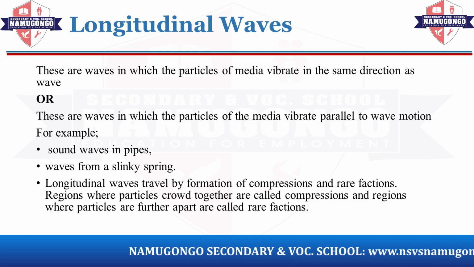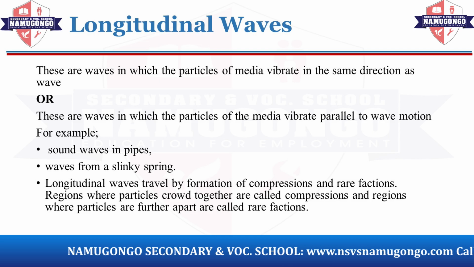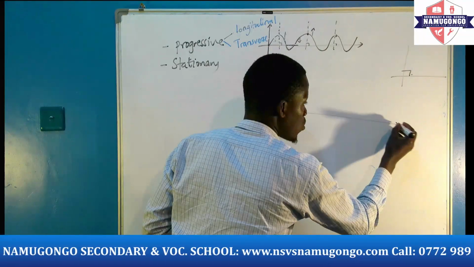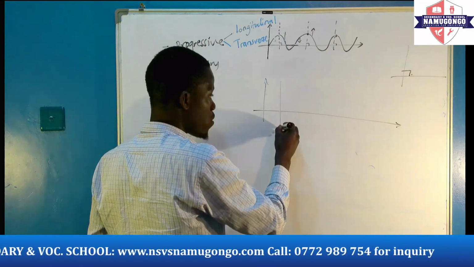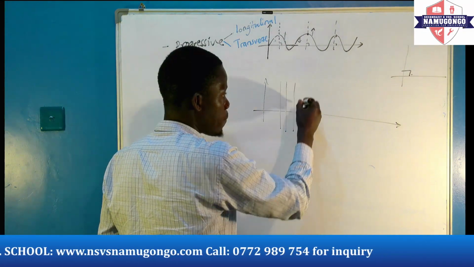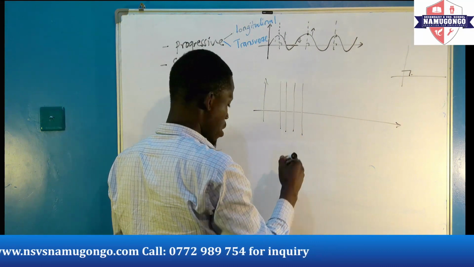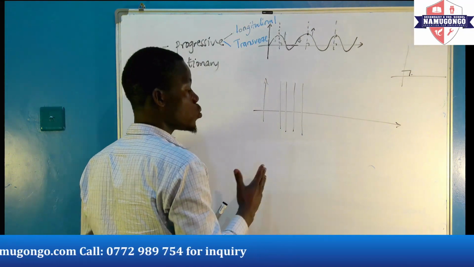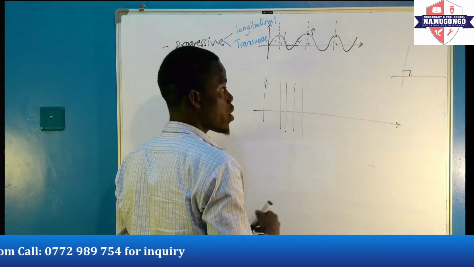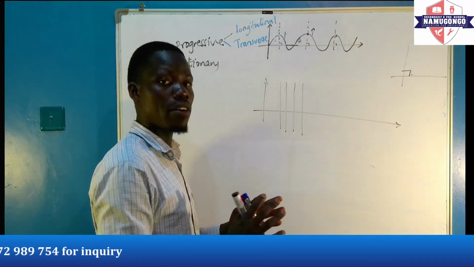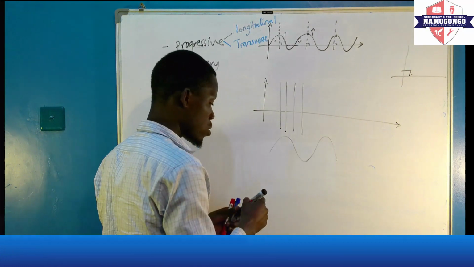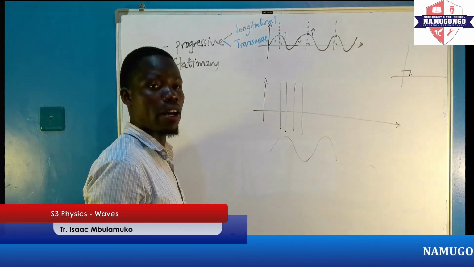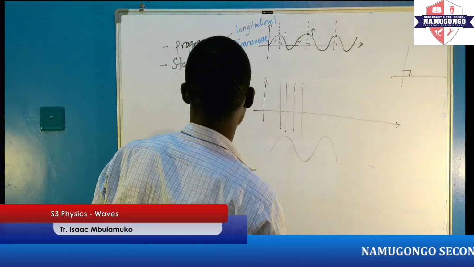If the wave is propagating in this direction, the particles vibrate parallel, moving with what we call compressions and rarefactions. They do not vibrate up and down. They vibrate parallel to the wave.